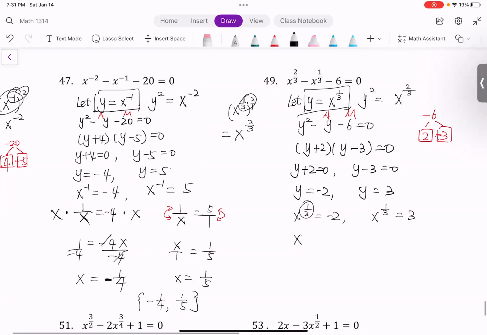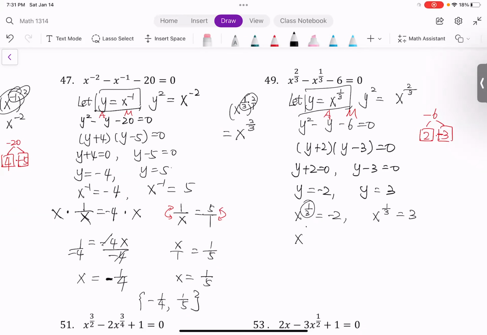We can raise to the third power or cubed both sides. X to the 1/3, you cube it. -2, you cube it. So you have x equals -2 cubed. So x equals -8.